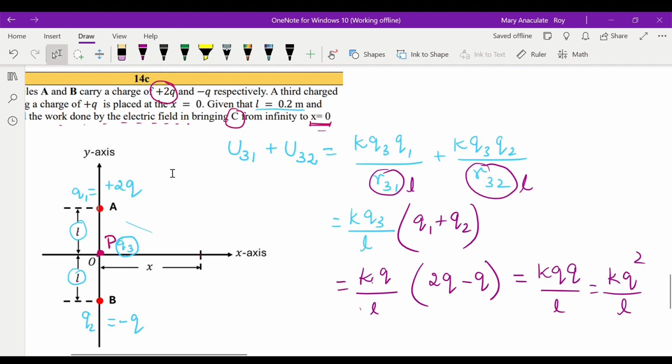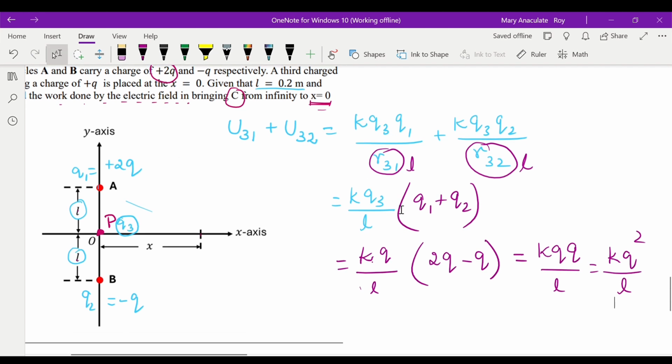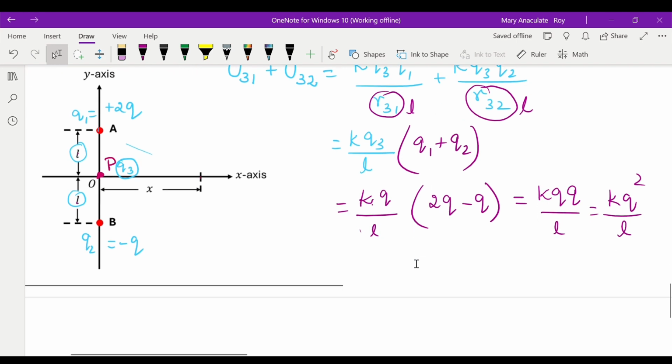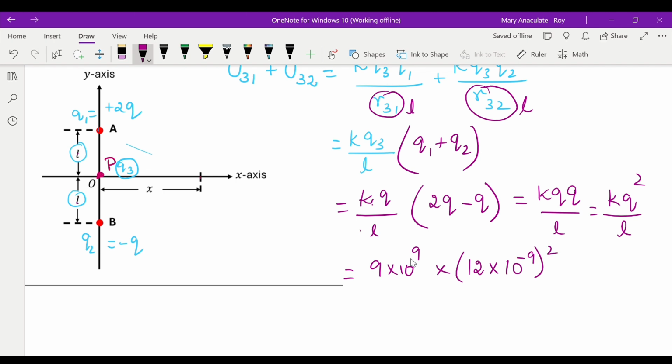Okay, so as I told you earlier, you can use the long step to substitute. It's fine, it's up to you, but when you combine it and do it correctly, if you're very comfortable and confident, it will save you some time. Okay, 9 times 10 to the power of 9, times the charge is given as 12 nanocoulomb, which is 12 times 10 to the power of negative 9, over L is 0.2.